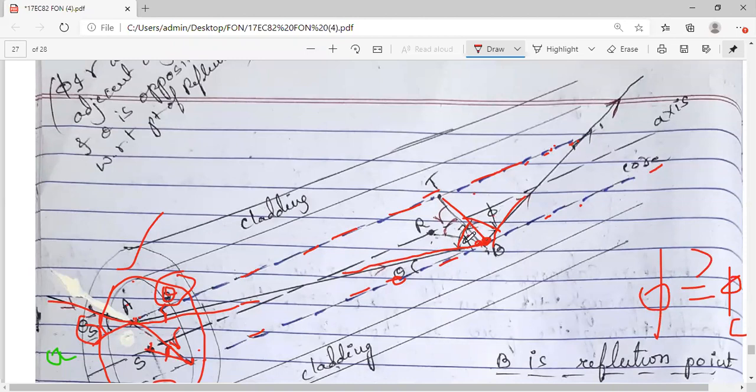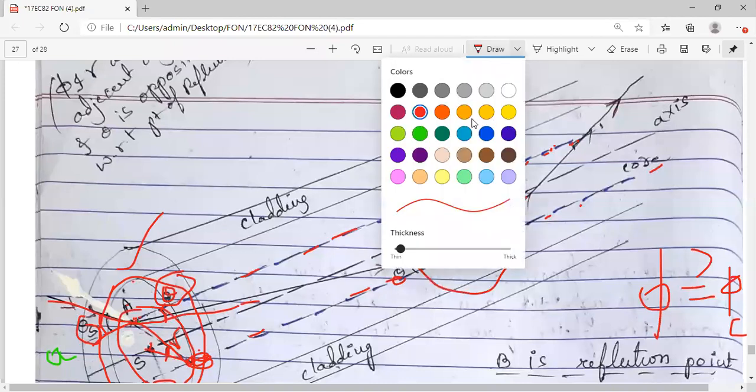Okay, this is your angle of incidence and angle of reflection, that they are equal to phi c. And one more thing, again, similar to this figure, compare both the figures. Whatever point B you have, this is that point. Let me show you with some other color.